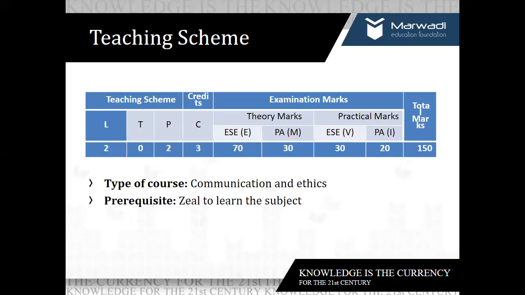Theory marks, that is 70 plus 30. That means your end semester exam will be of 70 marks, final paper. The papers I'll share in the portal so that you can refer to it. And your midsem exam of 30 marks.